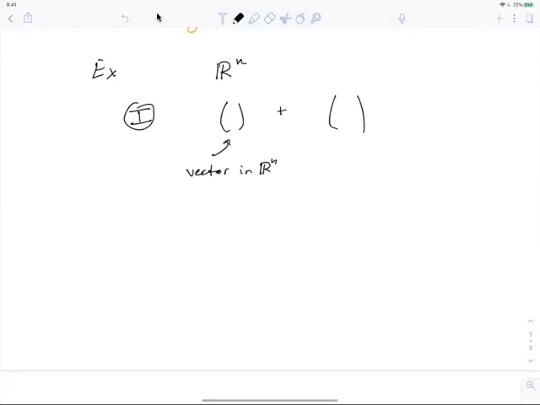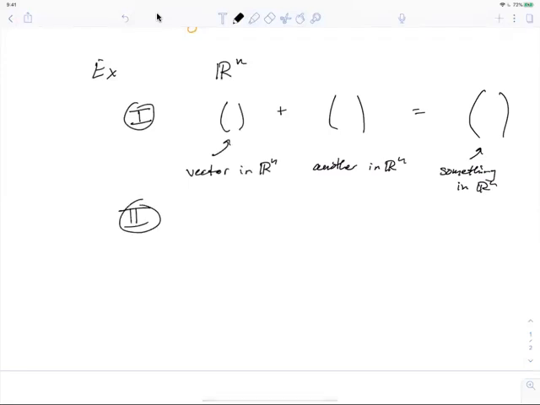So the first example would just be Rn. To check that out, if we take a vector in Rn and we add another vector in Rn, we still get something in Rn. So that's just saying that vectors add, and they also scale, just like you would predict.